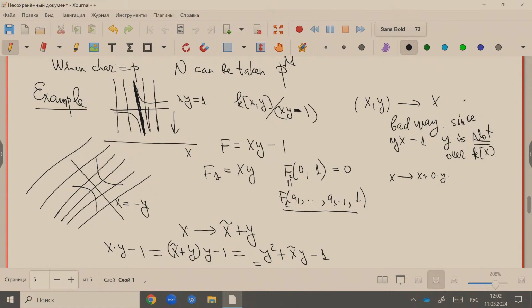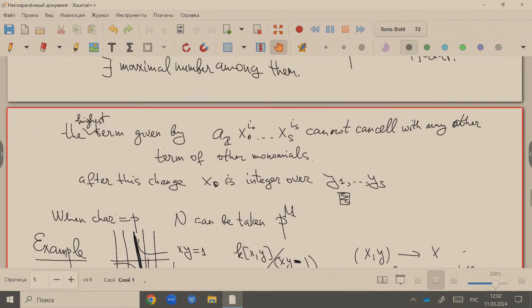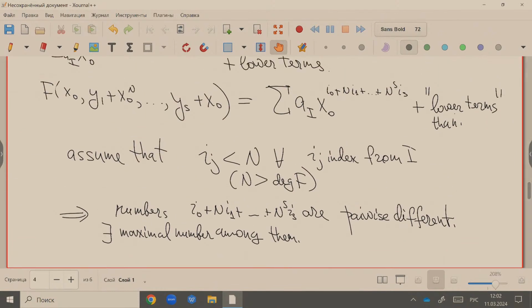Потому что, смотрите, мы разложили наш многочлен на сумму мономов, просто всех мономов. И мы увидели, что у каждого монома есть главная часть и младшие члены.